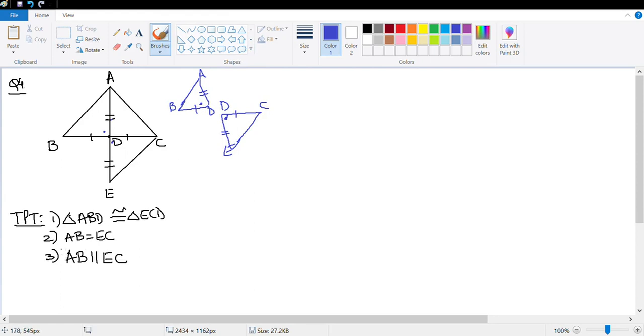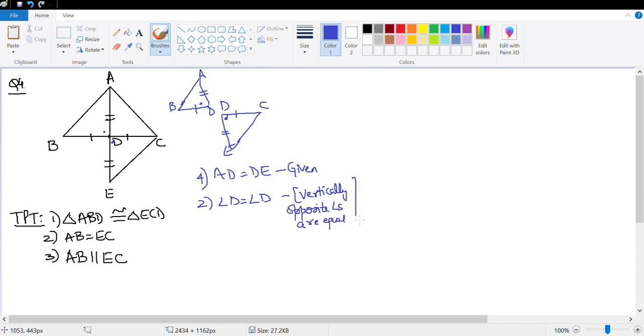So now number 1, this number I've already taken. So number 4, AD is equal to DE, given. Next, angle D is equal to angle D. Why? Vertically opposite angles are equal.